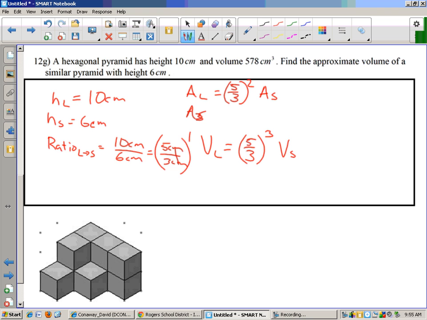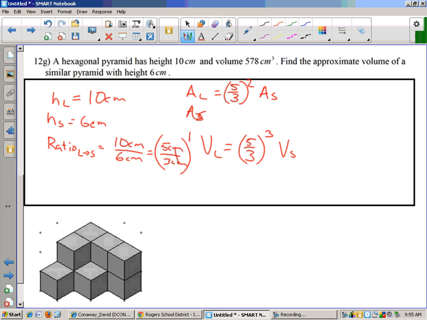Length times width. So that's how many directions? 2. So that means 2 dimensions. We're measuring in 2 directions, 2 dimensions. That's why it's squared. And volume of this room would be the length of the floor times the width of the floor times the height of the room, which is how many directions? 3. So you need a cube to get to the answer.